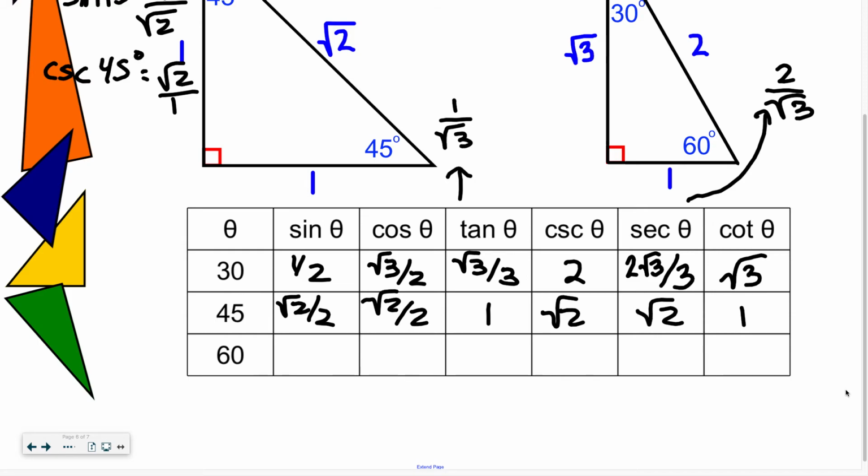Square root 3 is opposite, 1 is adjacent. So my sine is going to be square root 3 over 2. Cosine is 1 over 2. And tangent is square root 3. I already know what the reciprocal of square root 3 over 2 is. It's 2 square root 3 over 3.